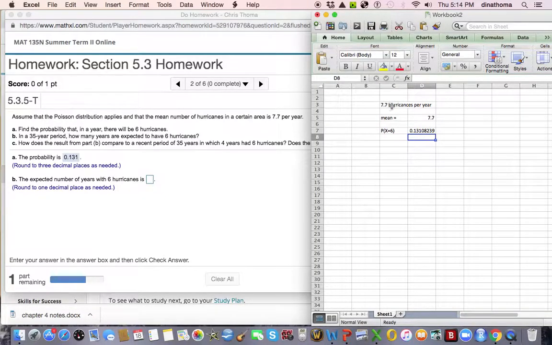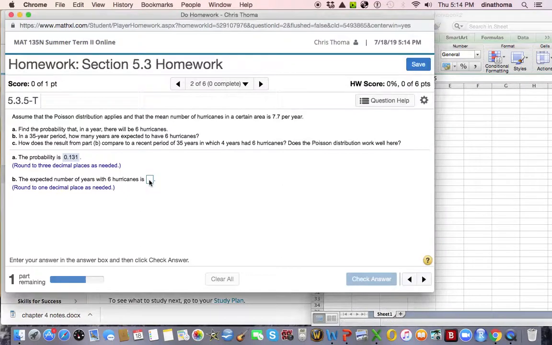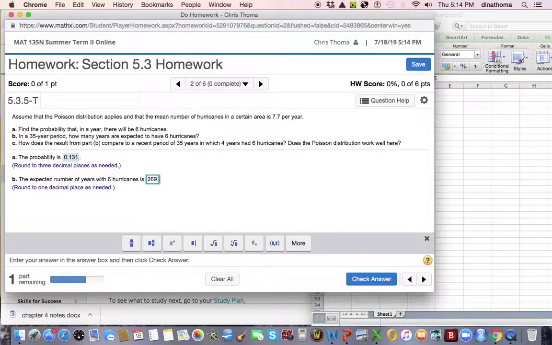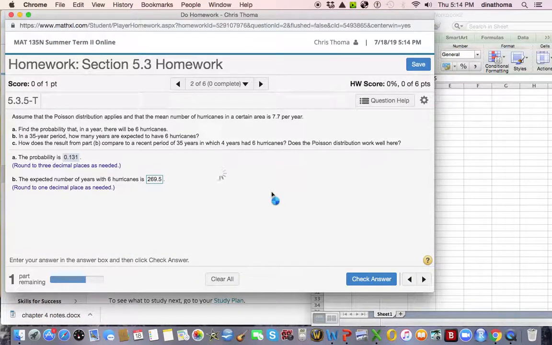So if I have 7.7 hurricanes per year, how many do I expect in a 35-year period? Well, I'll multiply those two numbers together. So equals 7.7 times the 35 years. So we expect 269.5 hurricanes in 35 years.